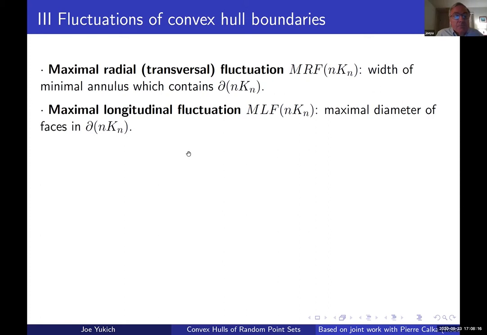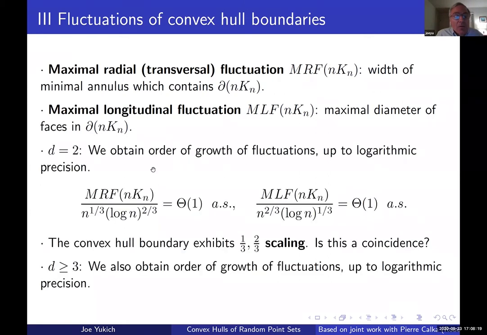And in dimension 2, we may obtain the growth of these fluctuations up to logarithmic precision, namely the maximal radial fluctuation scales like n to the 1/3, log n to the power 2/3.